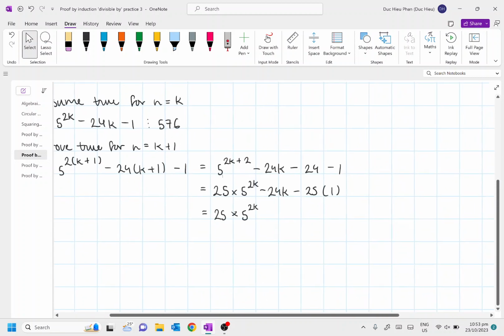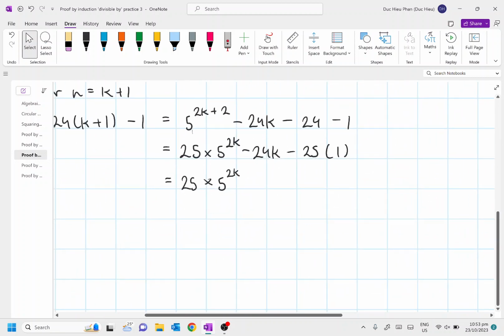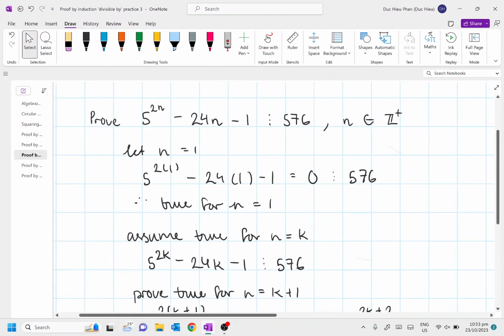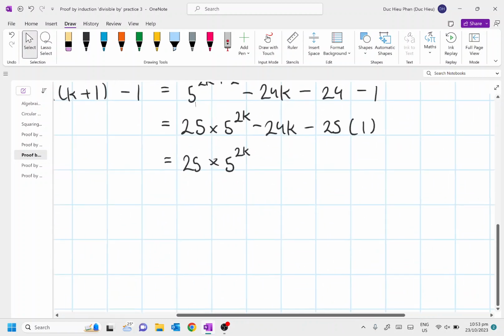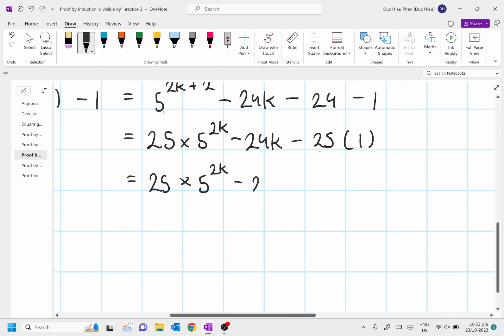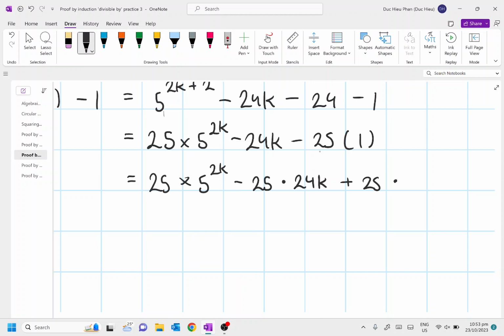Well, a cheeky way we can do this is to add 0. And how are we going to add 0? We need minus 24k. So what we're going to add is minus 25 times 24k and plus 25 times 24k.